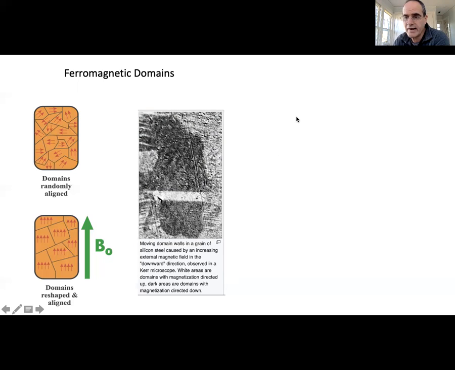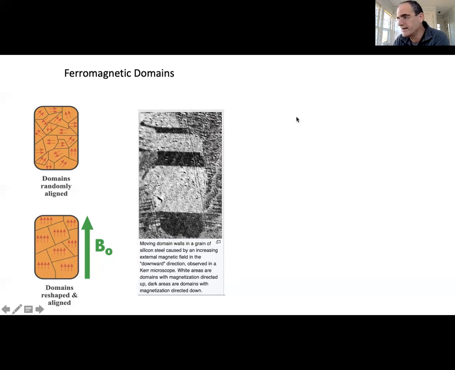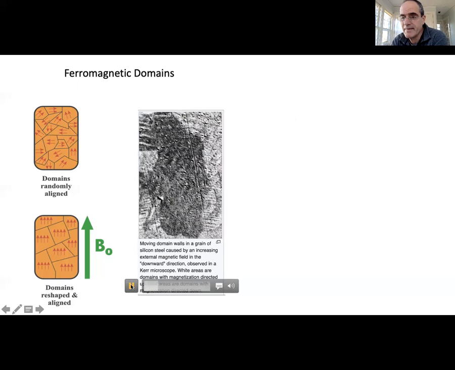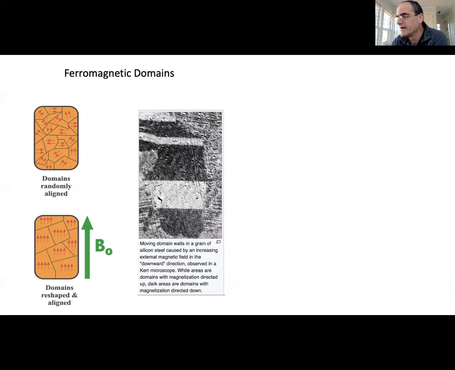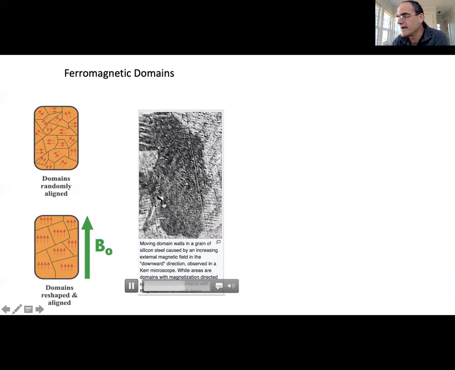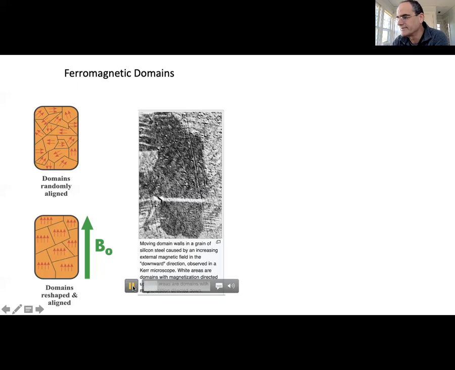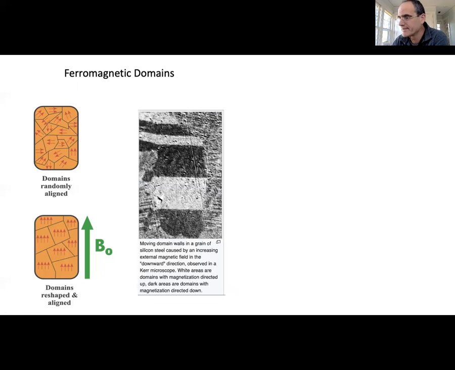We're looking at a grain of steel and imaging the magnetization as the magnetic field is increased from 0. And you can see the domain walls move until this entire flake of steel is magnetized in one direction. Kind of neat.